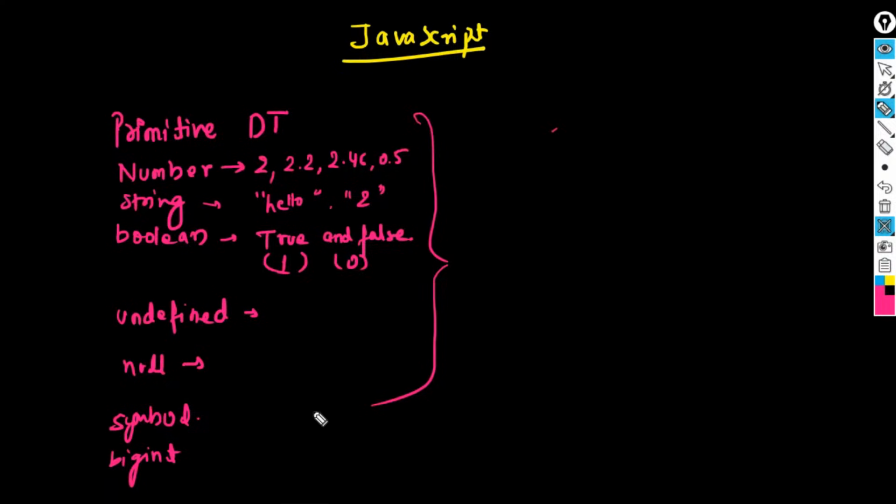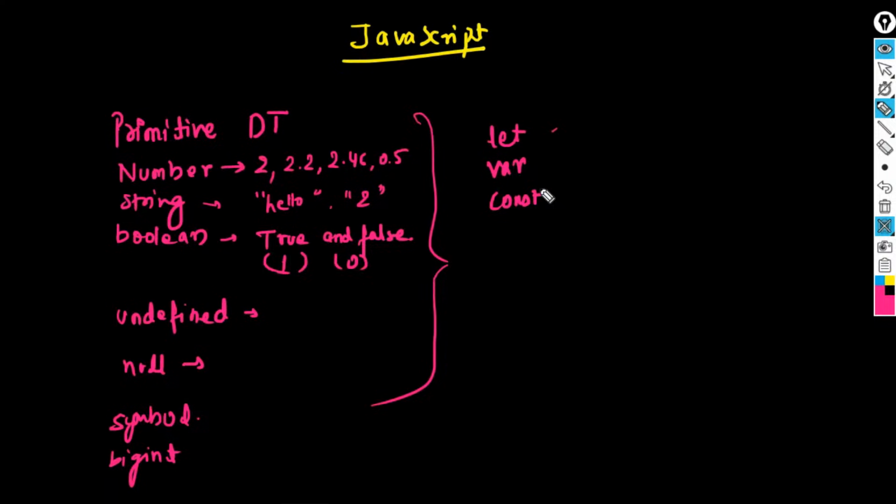These primitive data types we write with the help of variables. There are three types of variable: let, var, and const.